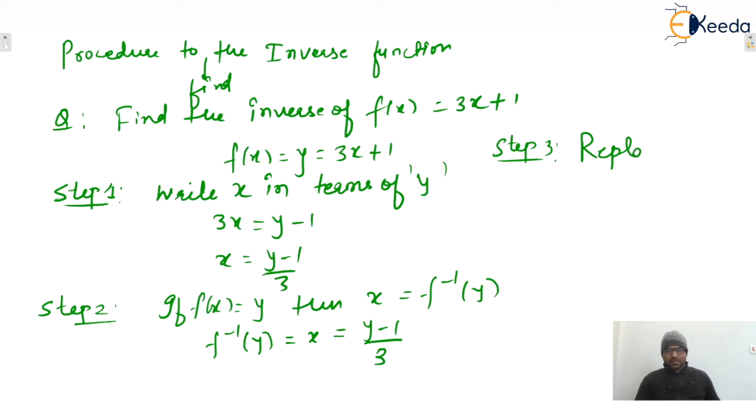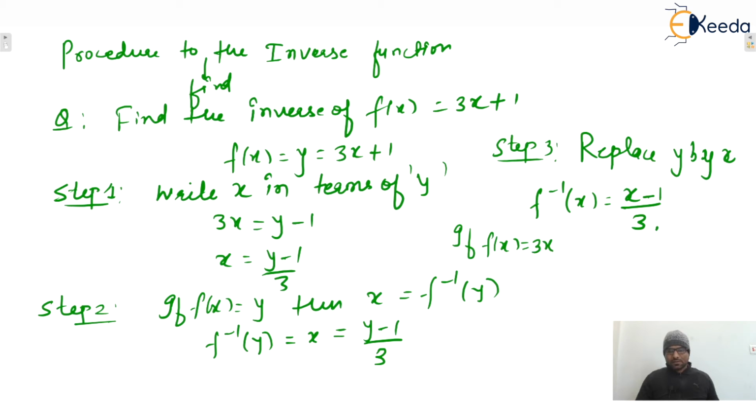Replace y by x because we need f inverse of x. So f inverse of x becomes x minus 1 by 3, isn't it? So if f of x equals 3x plus 1, then f inverse of x will be x minus 1 by 3.